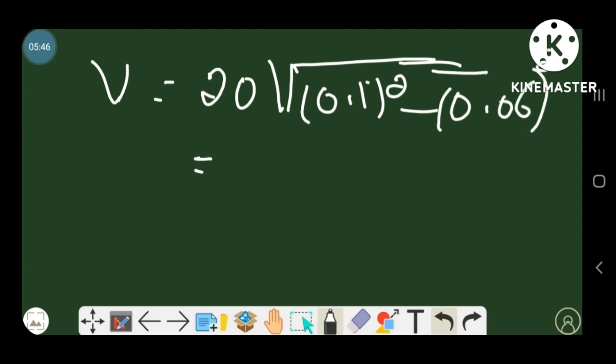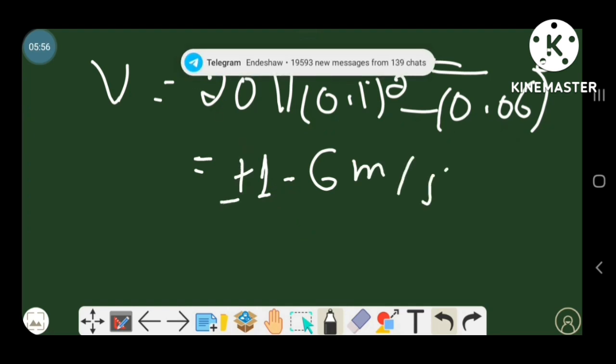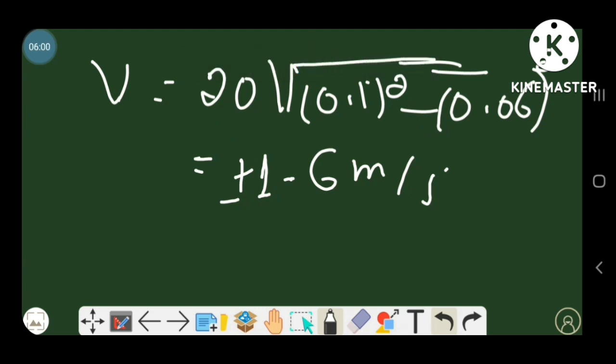When you calculate, this value becomes 1.6 meters per second. It may be plus or minus. This is the velocity at x equals plus 6 centimeters. Since the value is plus, we must cancel the minus.